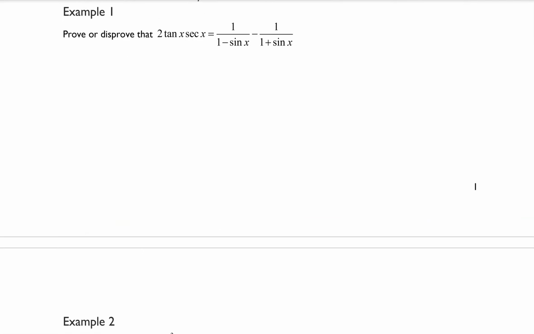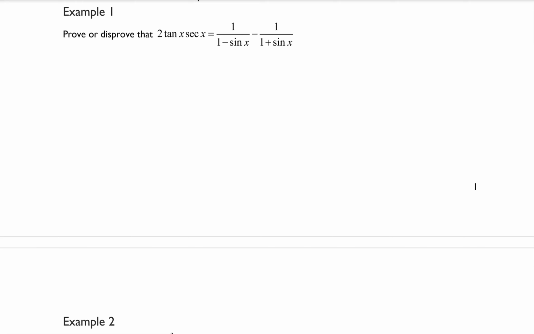Example 1 says prove or disprove that 2 times tangent of x times secant of x is equal to 1 over 1 minus sine of x minus the quantity 1 divided by 1 plus sine of x.